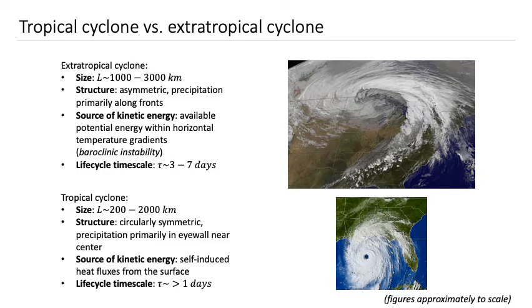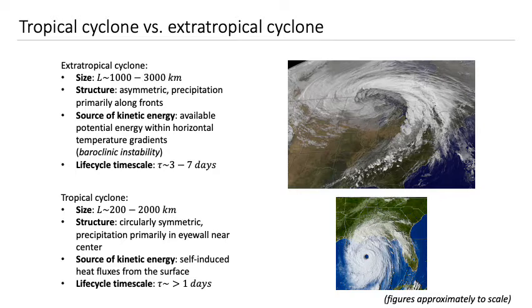Their structure is highly asymmetric, with precipitation focused primarily along fronts, which is to say strong temperature gradients across those linear features. The source of kinetic energy is the available potential energy stored within horizontal temperature gradients. This is baroclinic instability, which we spent a lot of time learning about the theory of earlier in this semester. They have a characteristic life cycle timescale associated with that instability, which is something like 3 to 7 days.